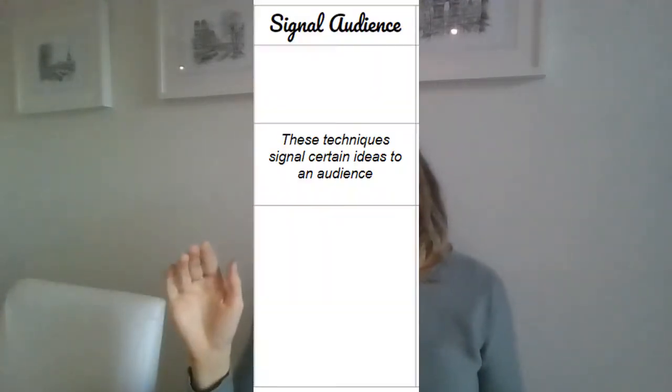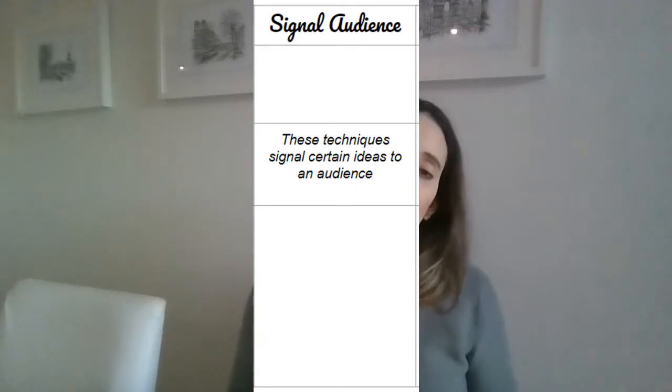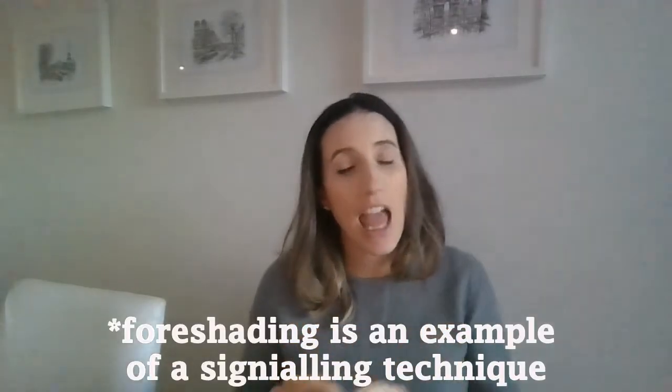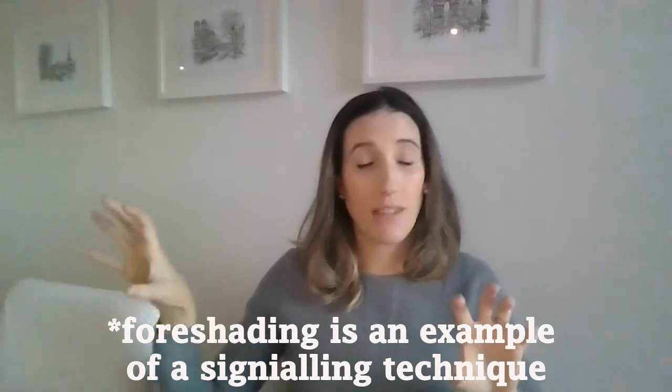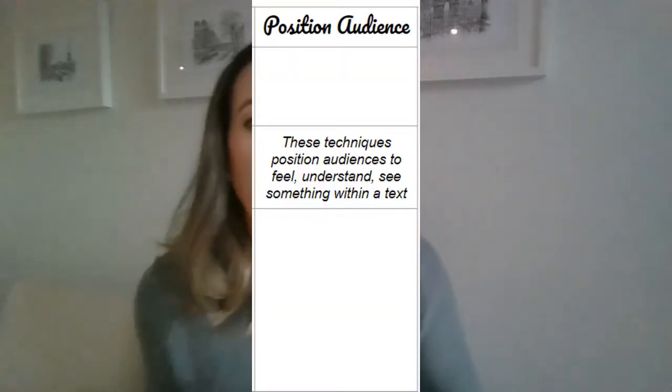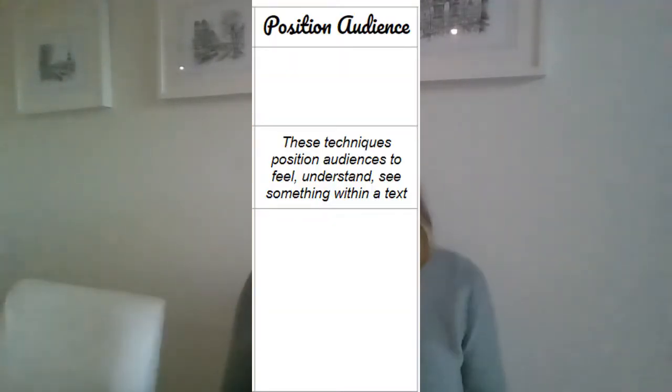The third category is signal to the audience. These techniques signal certain ideas to an audience, and we also get signaling from emphasis and connecting. And so it's important to remember that the final 2 items in this table can also be married with emphasize and connect. Lastly, techniques that position the audience help them in feeling, understanding, or seeing something within a text.